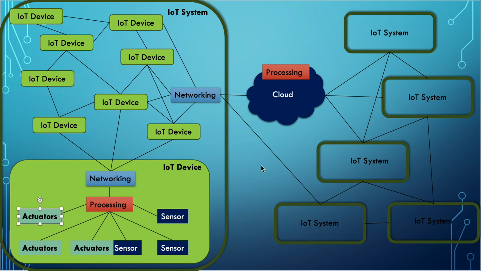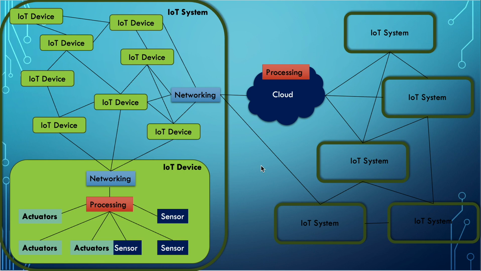So you can see that in IoT, when we say there's a cloud involved, there's processing involved, there's networking involved, the networking and processing is involved in each and every step. In the IoT system itself, networking is involved.